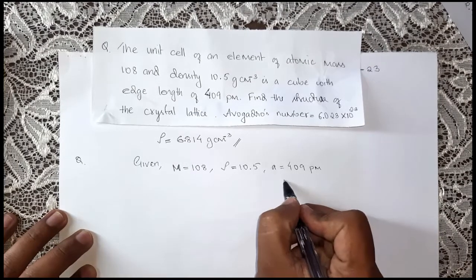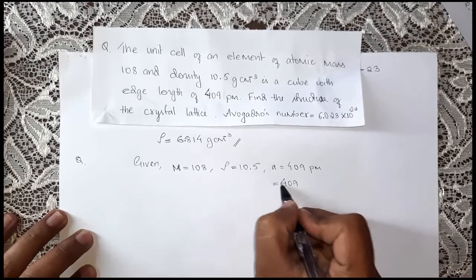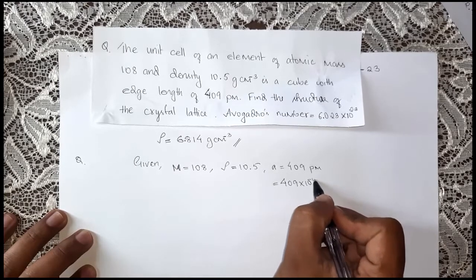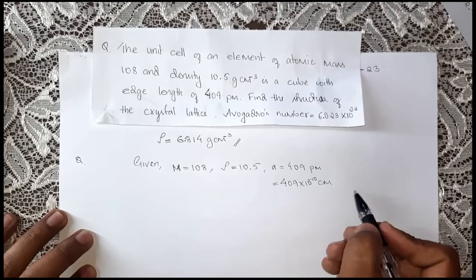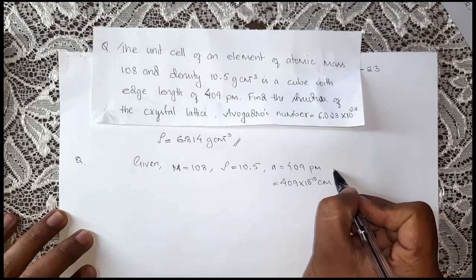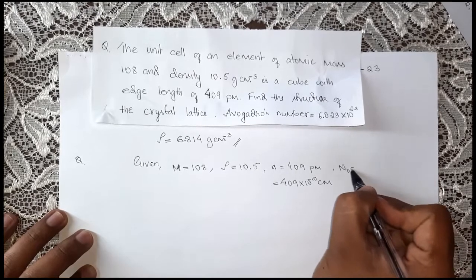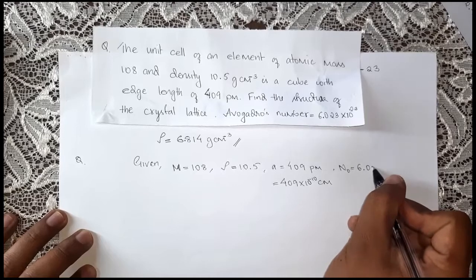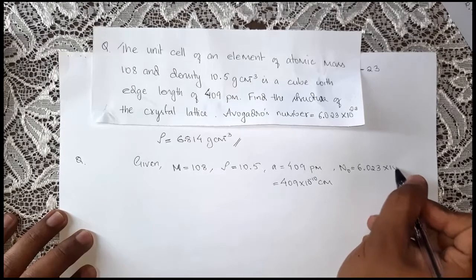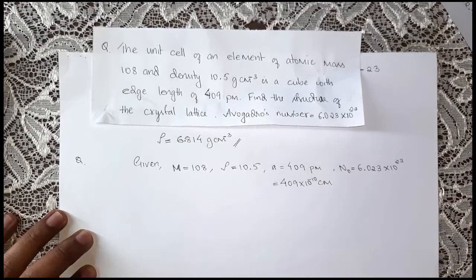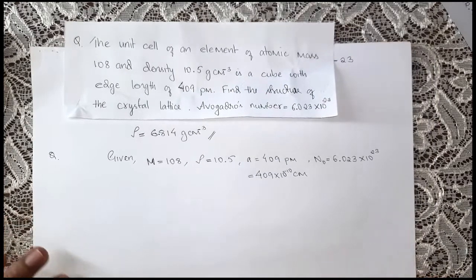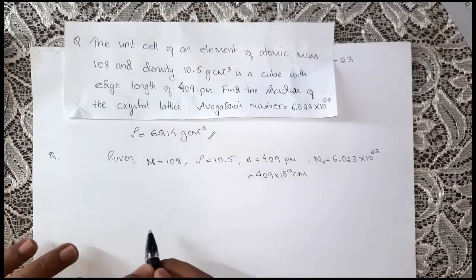You need to convert this picometer into centimeter. It will be 409 into 10 to the power minus 10 centimeter, and then Avogadro's number, which is 6.023 into 10 to the power 23. So these are the givens from the question.